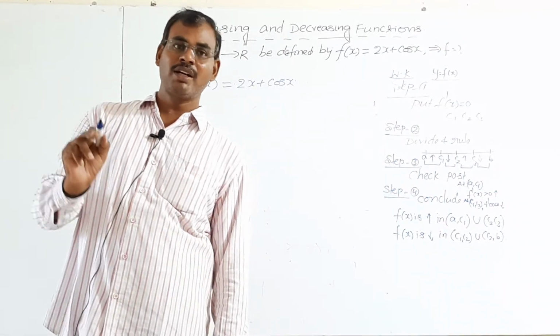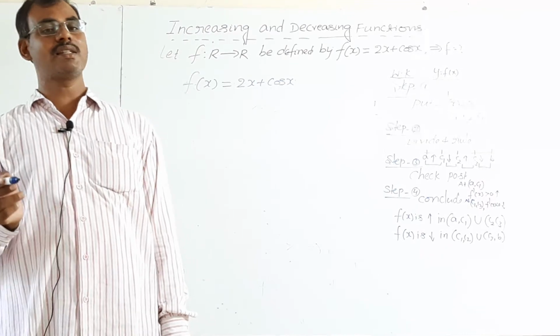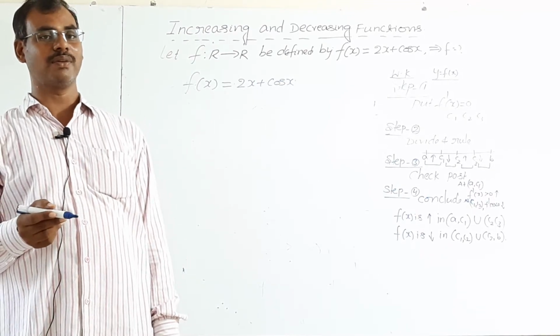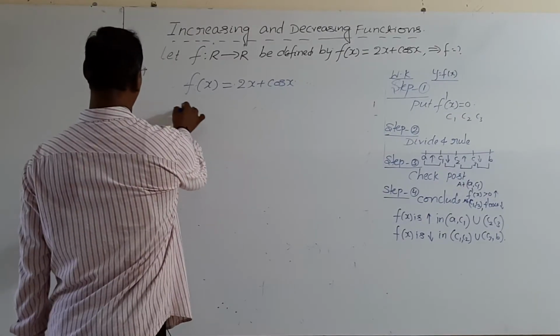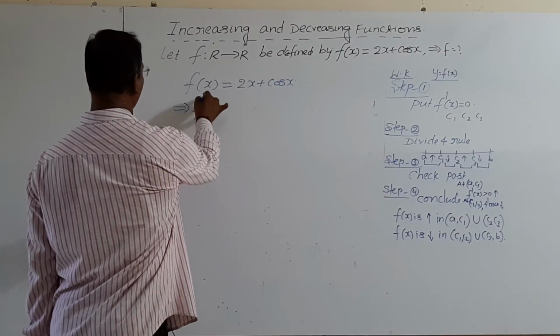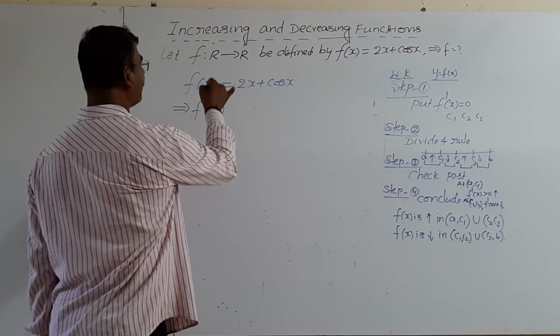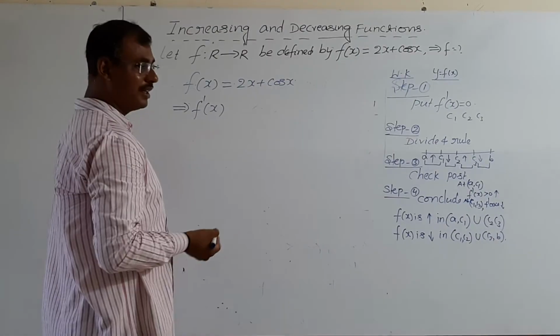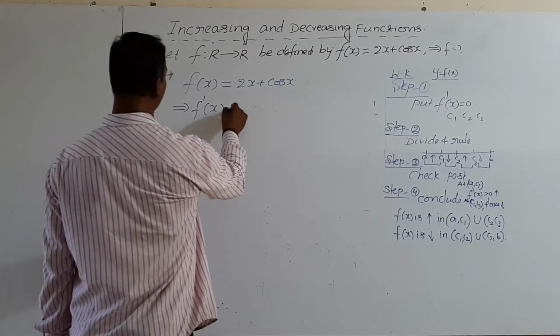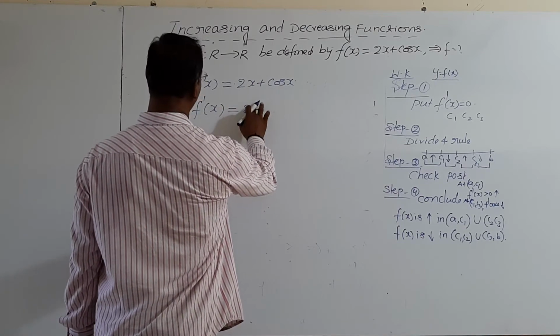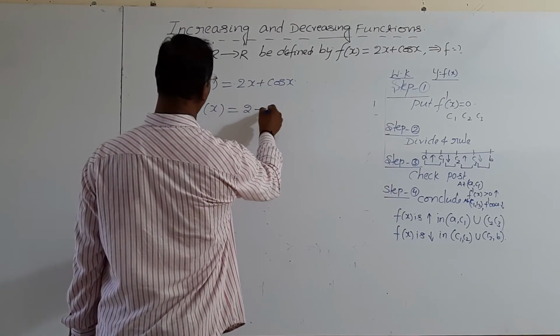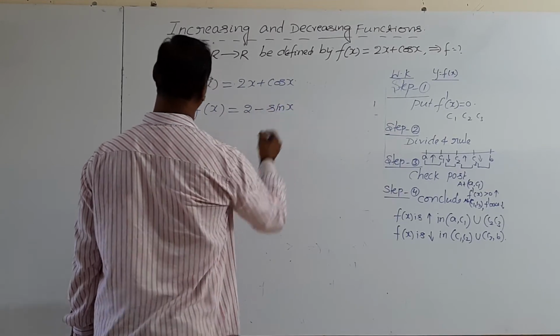If the first derivative is smaller than 0, it is called a decreasing function. So find f dash of x. Here he is not asking for any interval. f dash of x is equal to 2 times the derivative of x, which is 1, plus the derivative of cos, which is minus sin x.